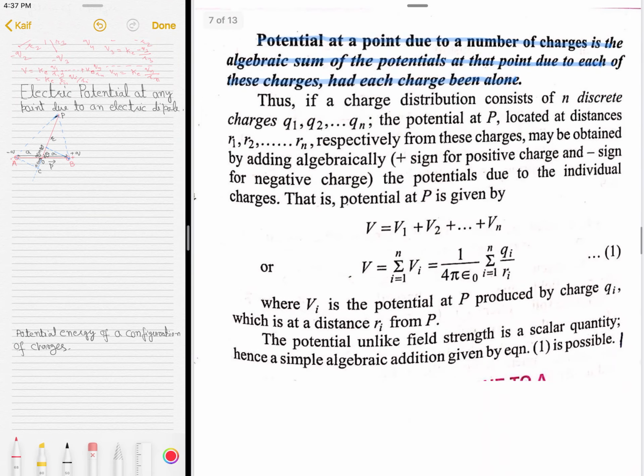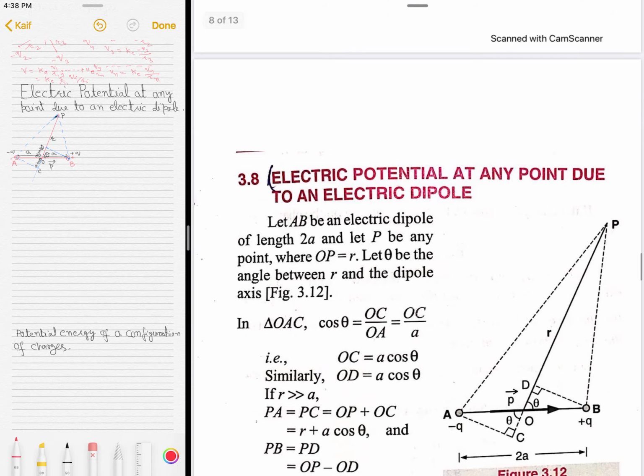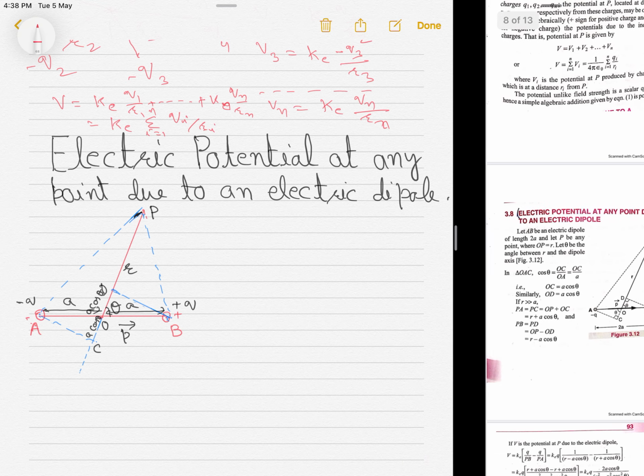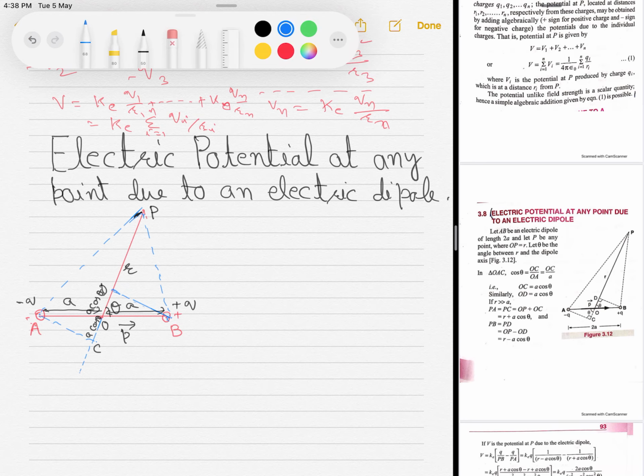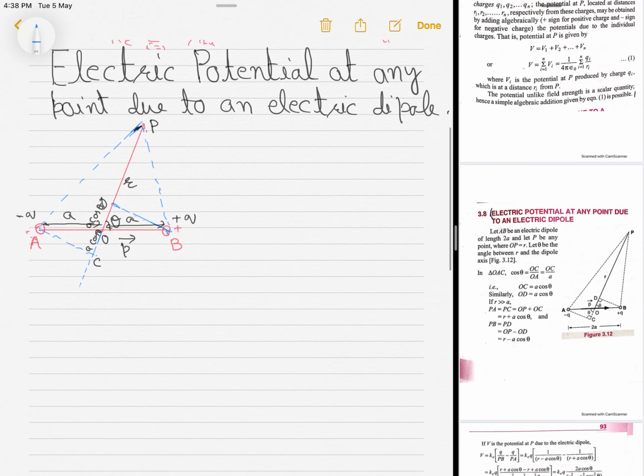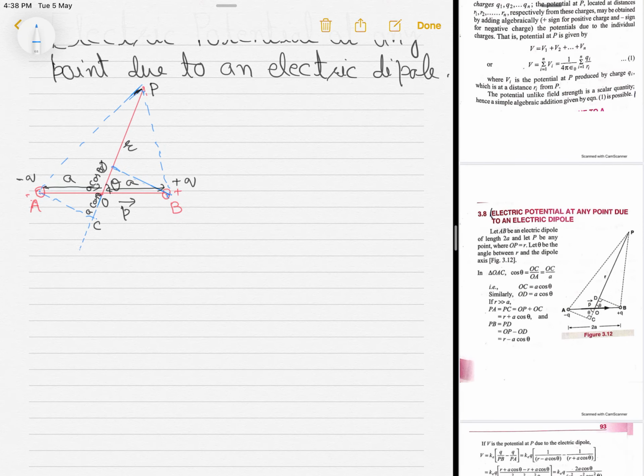Now, the electric potential at any point due to an electric dipole. Dipole, you know, is a system of charges containing two charges, one is negative, another is positive, as shown in the figure.